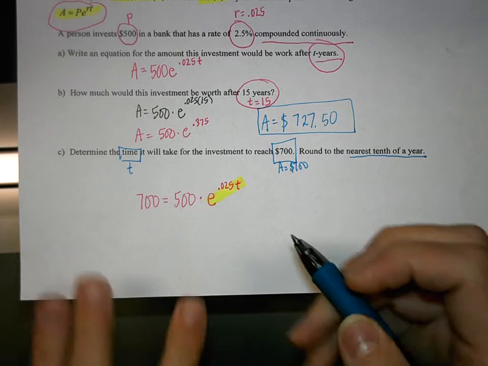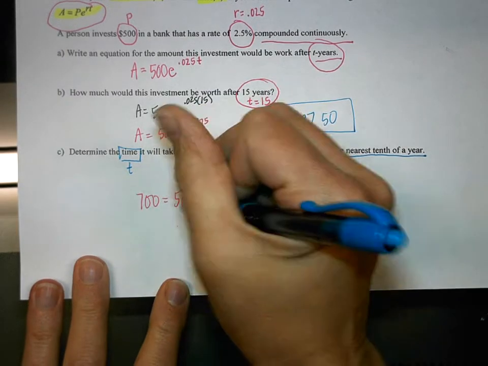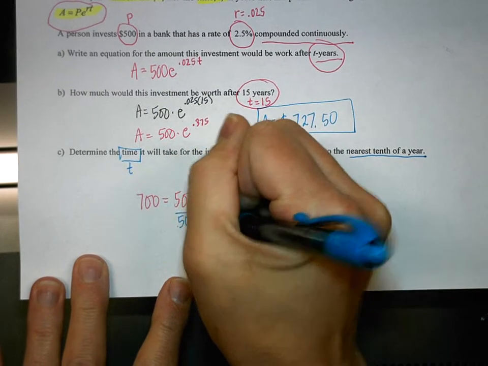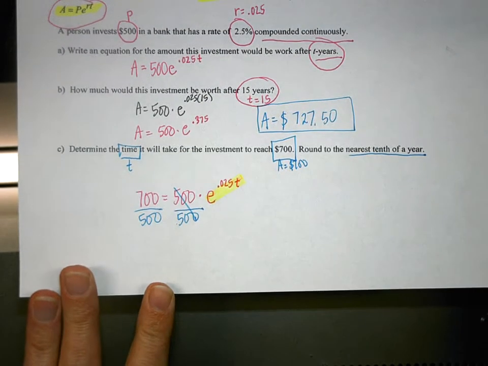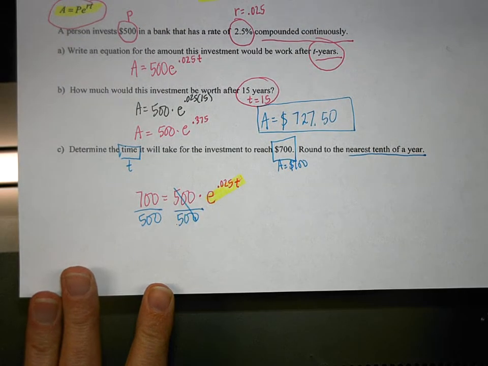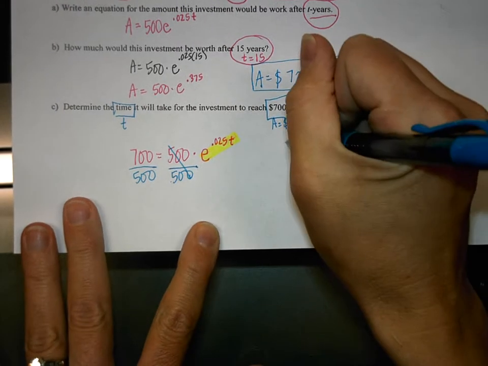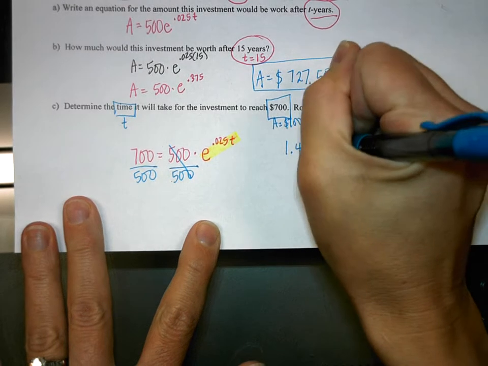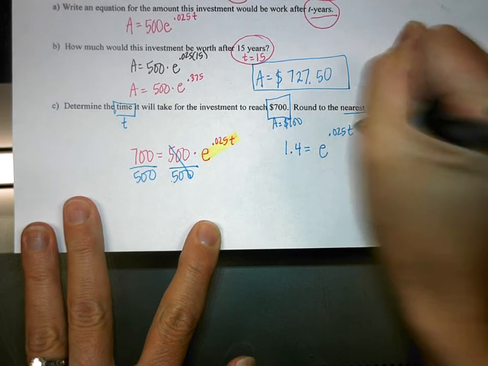Okay, the divide that I heard was correct. You undo multiplication by division. So we're going to divide by 500 to both sides. Okay, so if you divide those two, what do you get? Good, you end up getting 1.4 equals e to the 0.025 t.